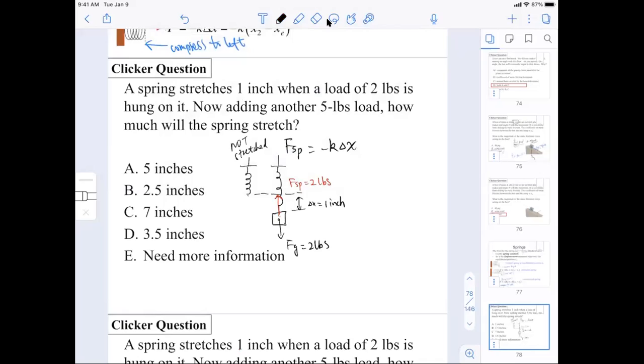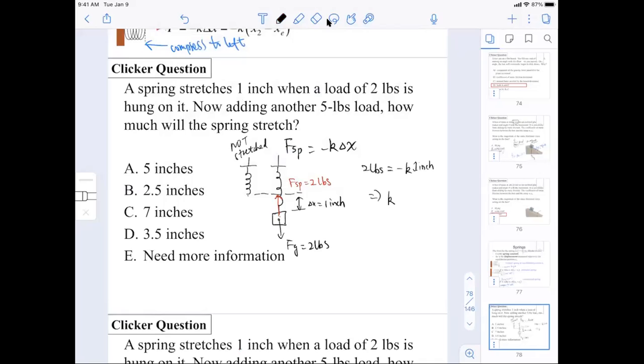If I apply Hooke's law, it's 2 pounds of spring force, and it's stretched by 1 inch, which gives the spring constant.